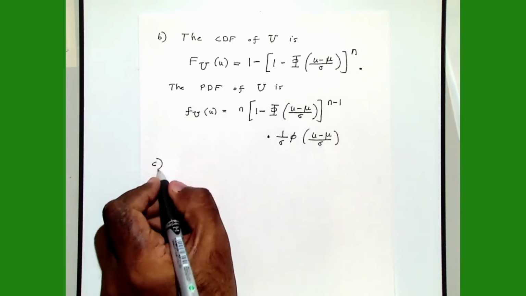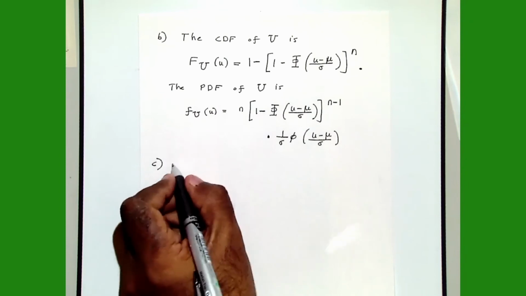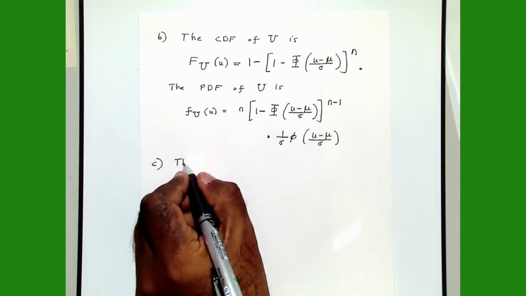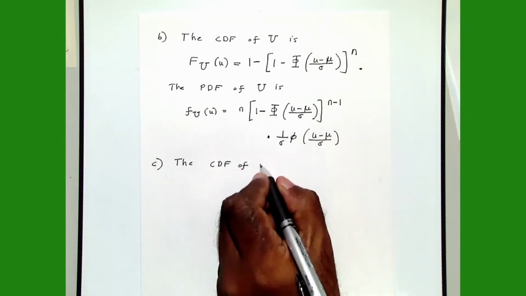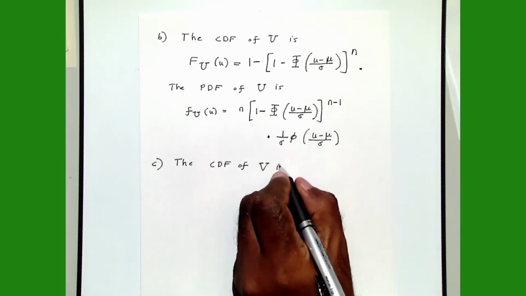Now C, the third variable of interest, is the maximum portfolio loss.